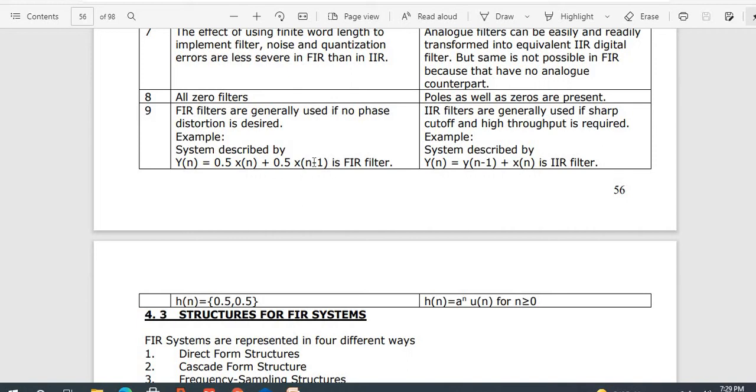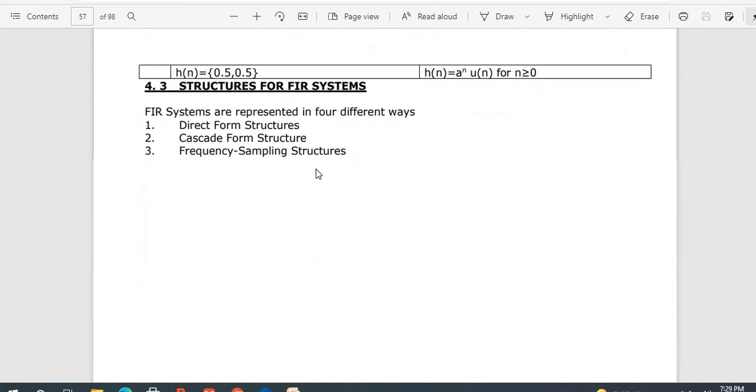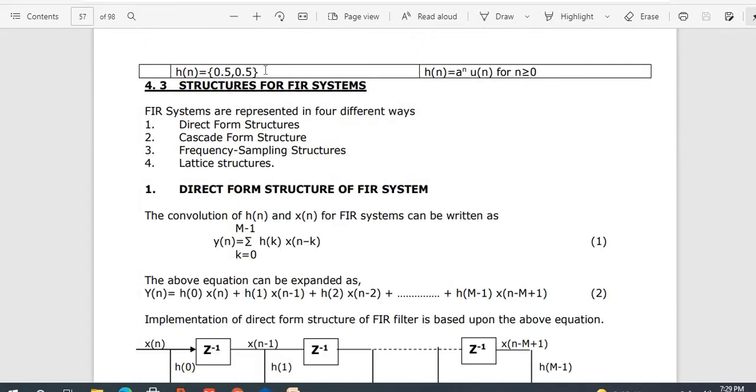Whereas any system that depends upon past input, present input as well as the past output is IIR filtration, right? Another example is a to the power n u of n. What is the impulse response of that? That is also considered IIR filtration.